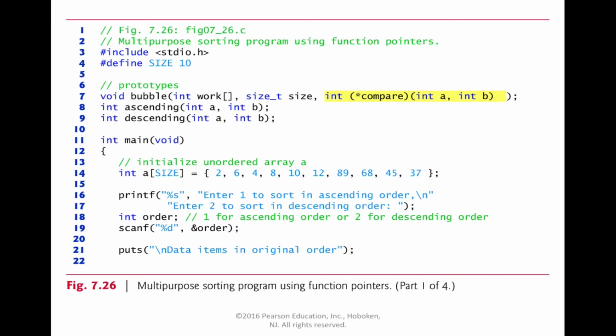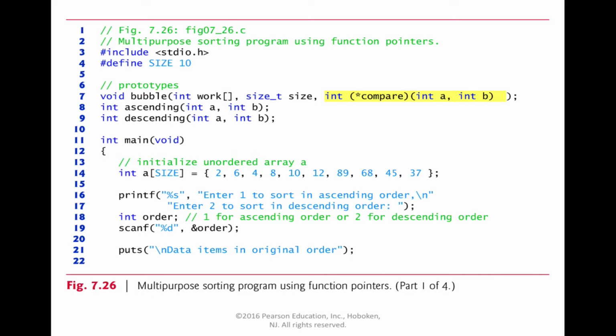Basically, we have a function called bubble, an integer array called work, the size of the array as size_t. Then you'll notice we have an integer pointer called compare, and then int a, int b.